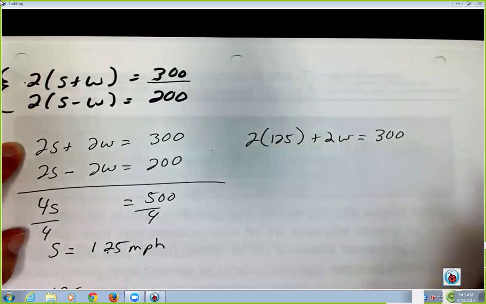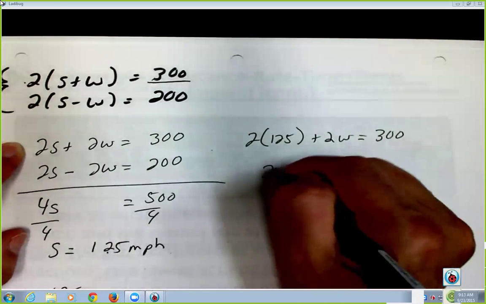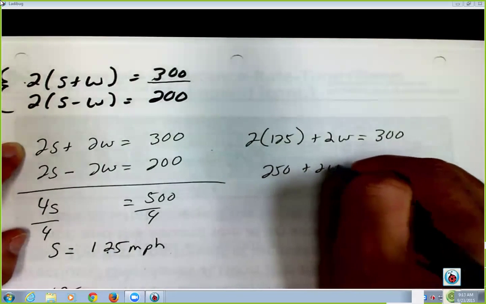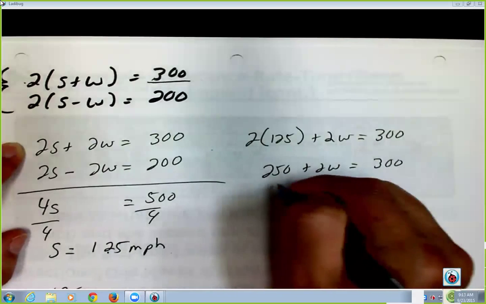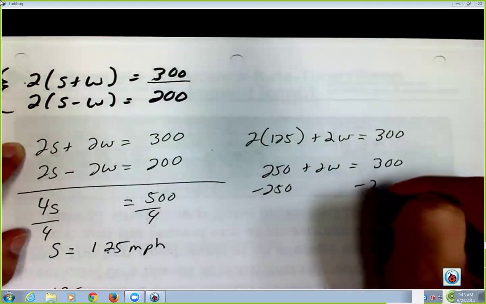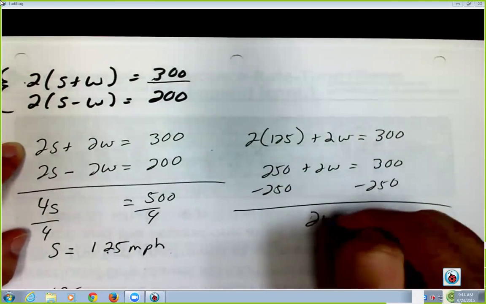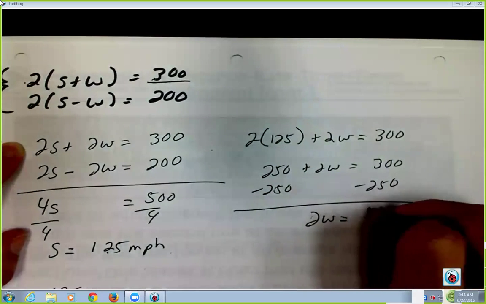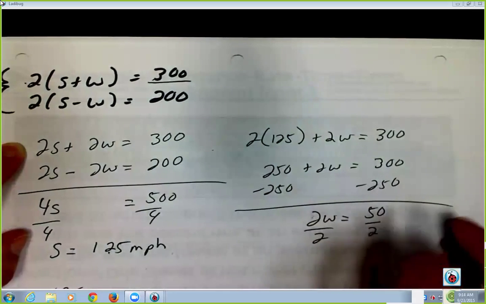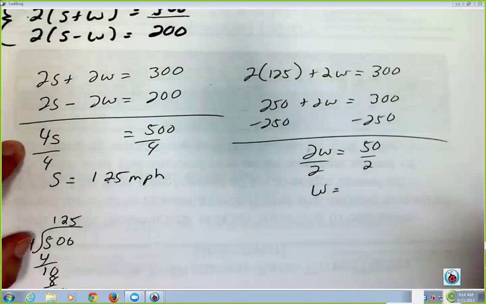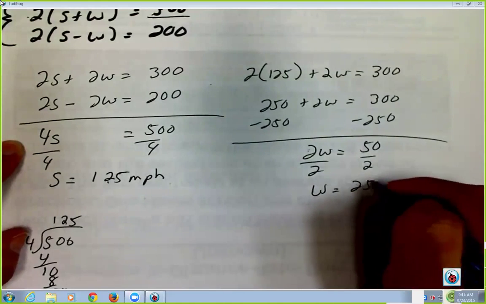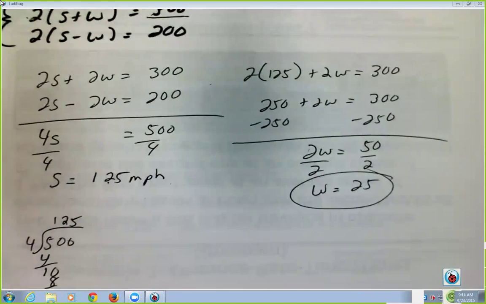So 2 times 125 is 250, plus 2W equals 300, so 2W equals 300 minus 250. And I get 2W is equal to 50. Divide by 2, and I finally find W is equal to 25. So I found the two speeds: my speeds are 125 and 25.